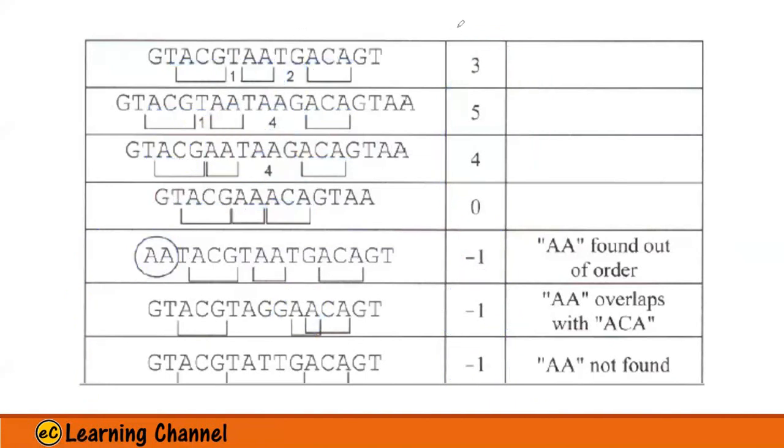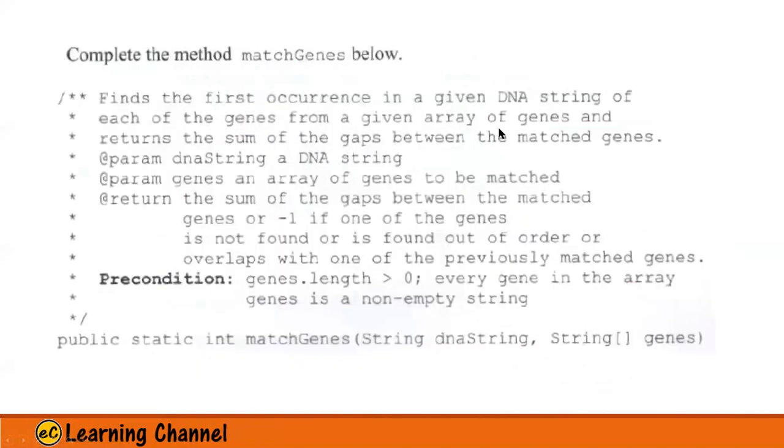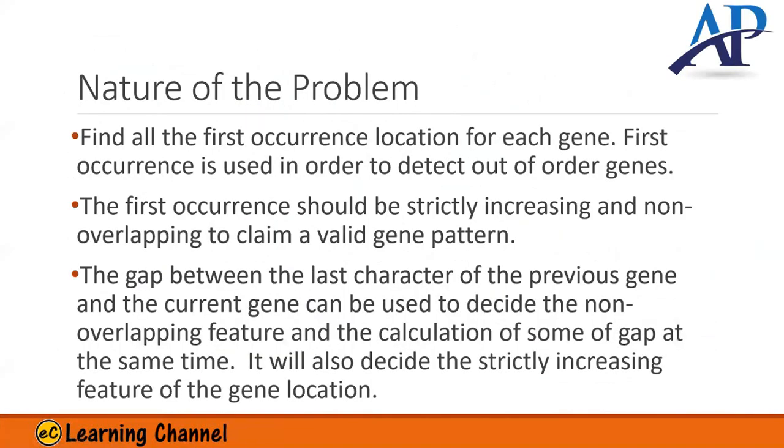If you think about it, maybe it seems difficult, but actually it's not. The natural problem is to find the first occurrence location of each gene. That's the key point. If you can find the first location of each gene pattern, and then we compare the gene patterns using those locations, it will not be hard.